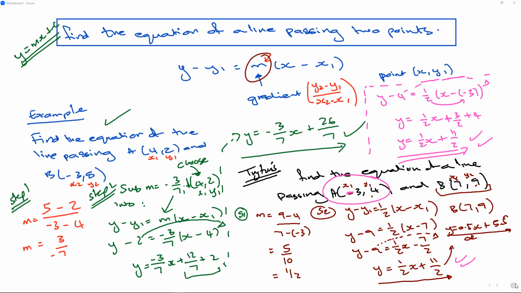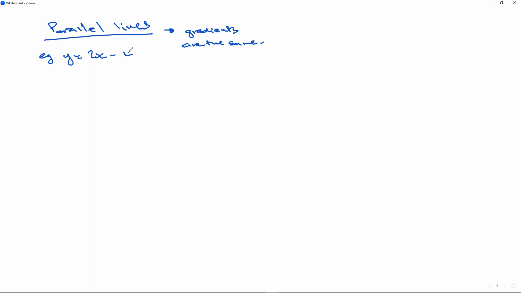All right, so the next part now is basically parallel lines, okay? So if you're looking at parallel lines, or lines that are parallel to other lines, remember, firstly, the gradients are the same, which means that if you have, for example, y equals 2x minus 4 and y equals 4x minus 5, those are not parallel because they don't have the same gradient.